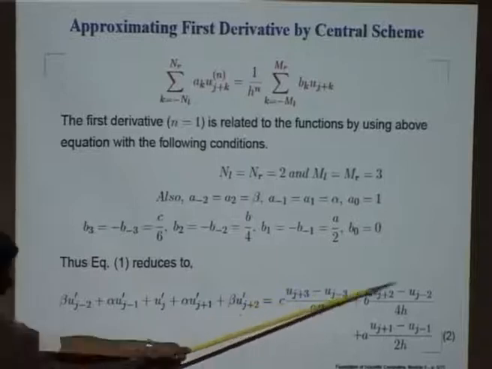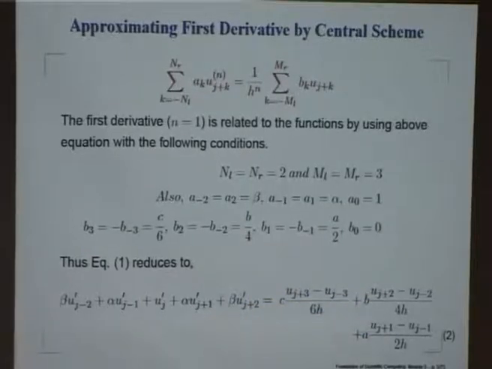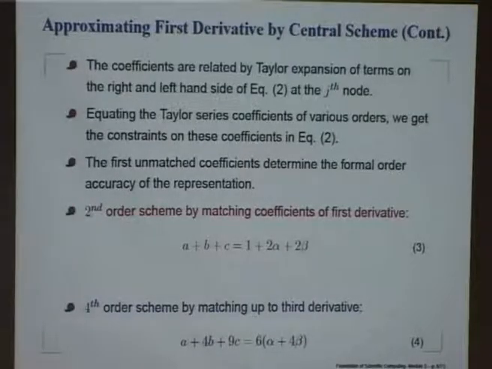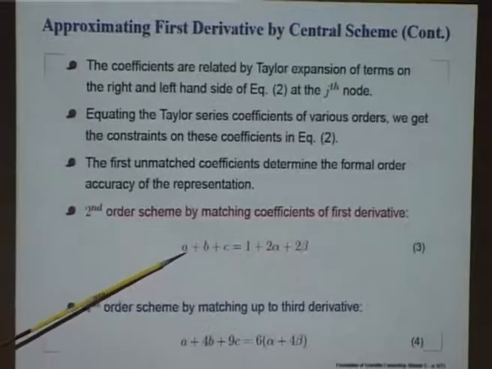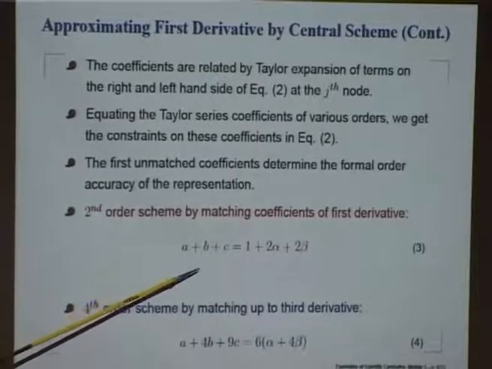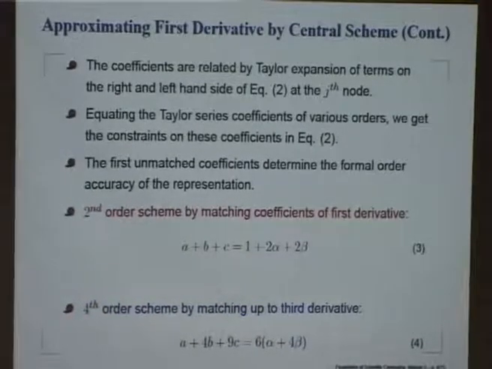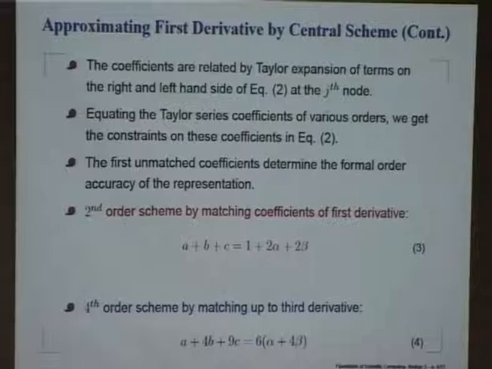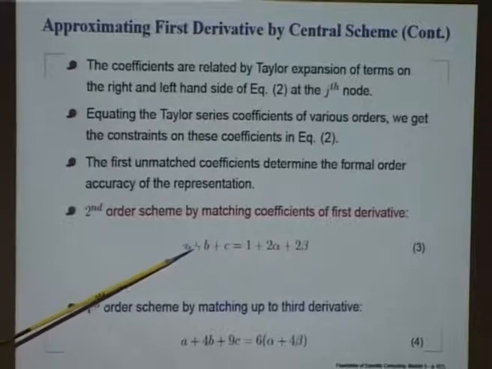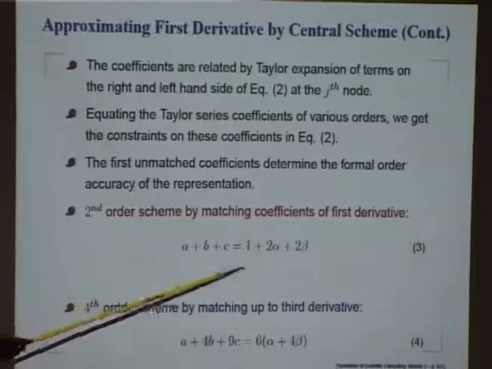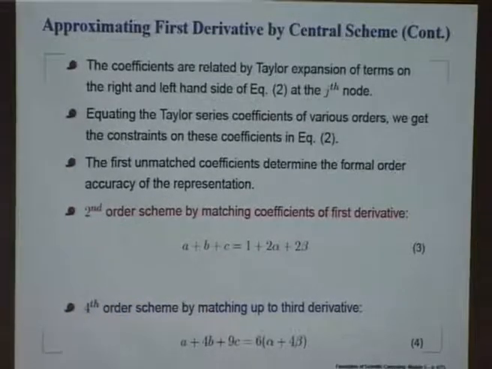Same way, we could expand these individual groups and find that this is the coefficient of uj prime on the left hand side, and this is the coefficient of uj prime on the right hand side. No? So if I satisfy this equation, that means what? We have been exact up to the first derivative. What is not satisfied is the next order term. So that's why we will call such an equation, where we evaluate those coefficients by satisfying equation 3, one that leads to a second order method.